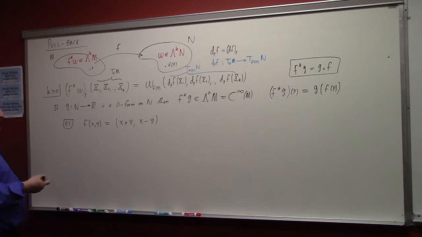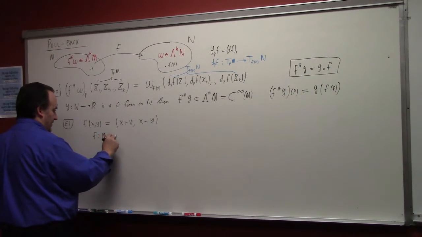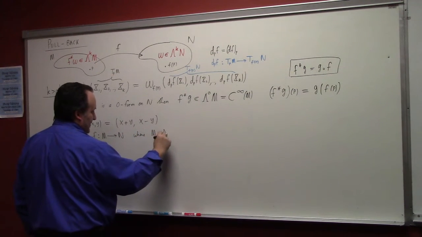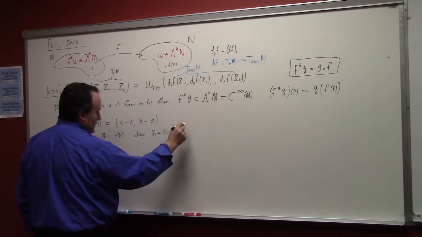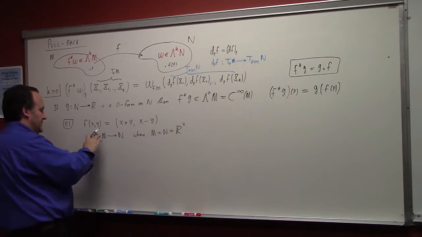This may be too silly to really appreciate much from, but this will work, right? Here, I'm looking at f as a mapping from M to N, where M equals N equals R2.